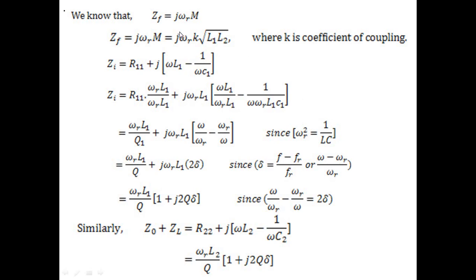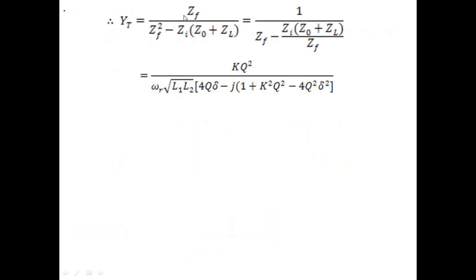Now we know the formulas for Zf, Zi, Z0 plus ZL, and we know the equation for Yt, which is equal to Zf divided by Zf square minus Zi into Z0 plus ZL.